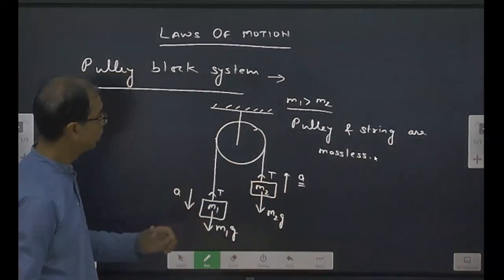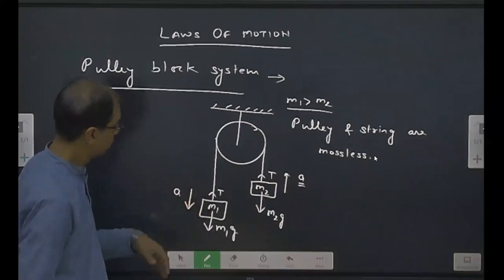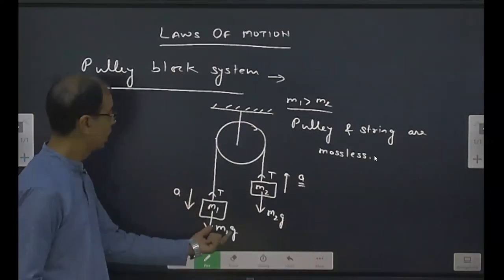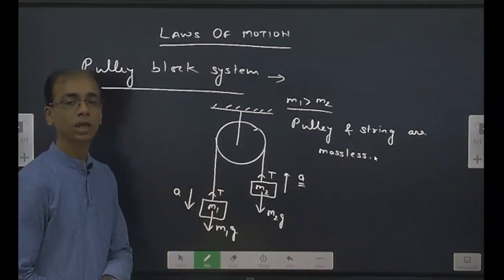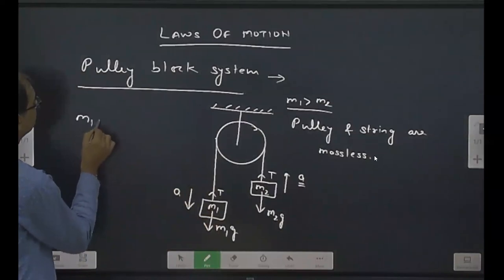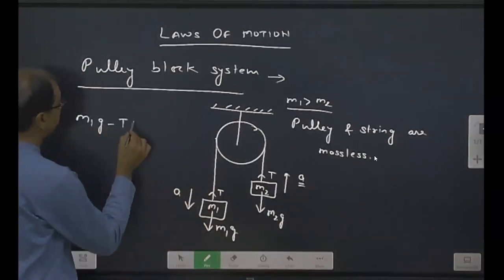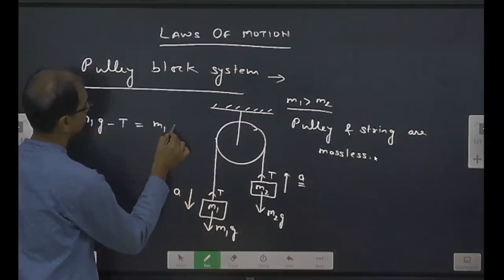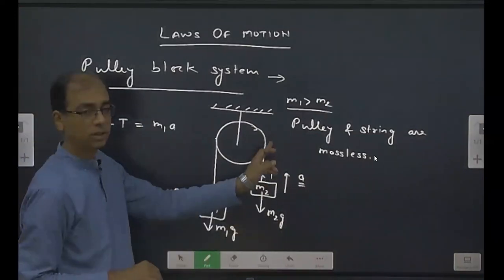So in this one, what is the resultant force? It is going down. So obviously m1g is more than T. That's why it's going down. So what is the resultant force? m1g minus T is the resultant force, equal to mass into acceleration, m1a. For this one, it's going upwards.